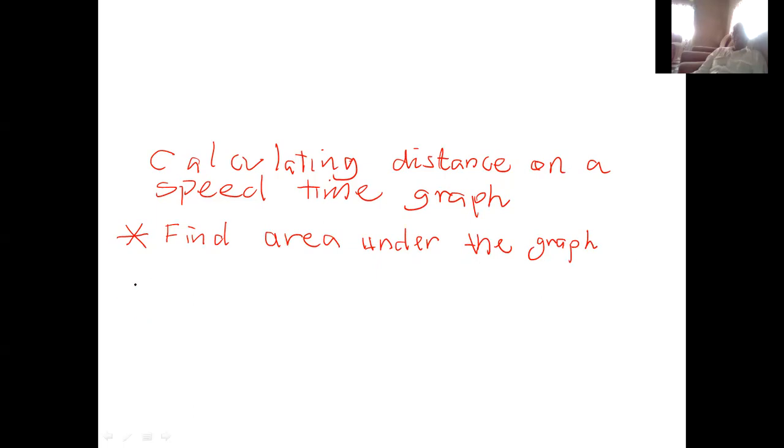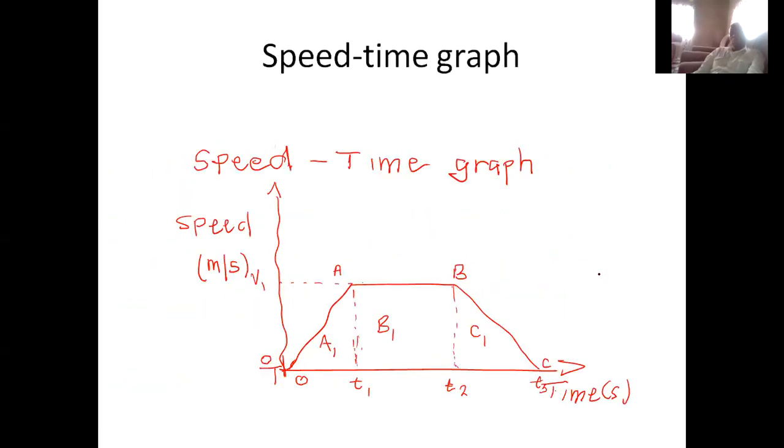For example, the distance from T to A. If you want to find the distance from T to A, it means that we need to find this area under the curve, which we have denoted by A1.